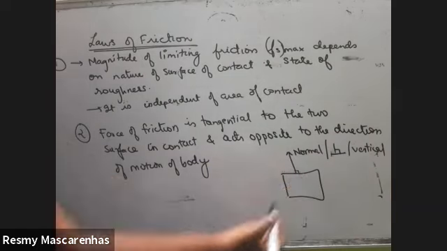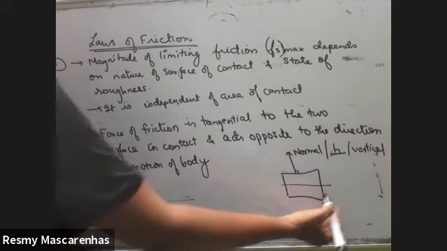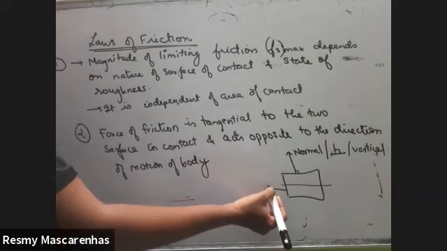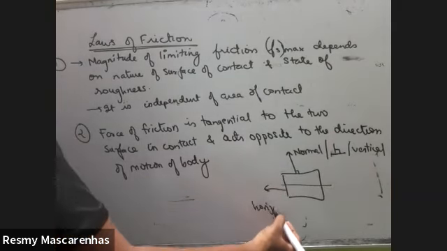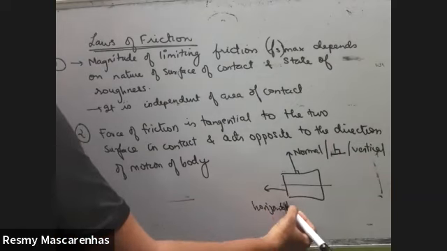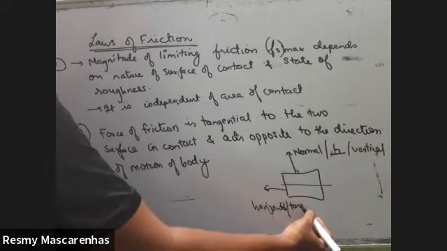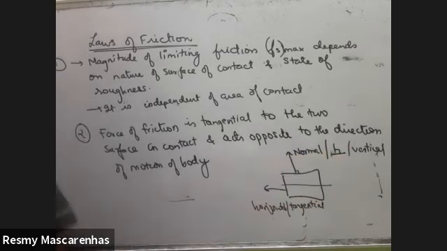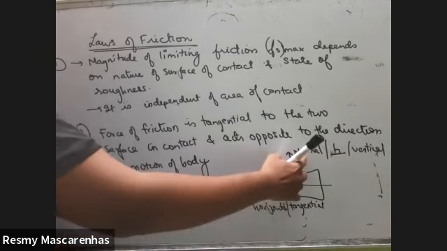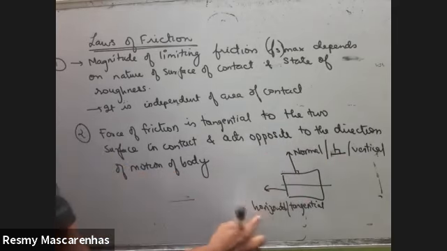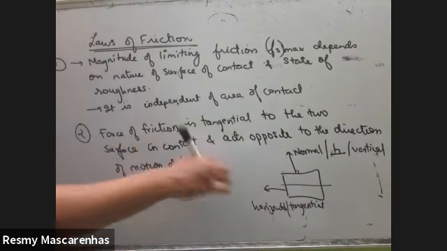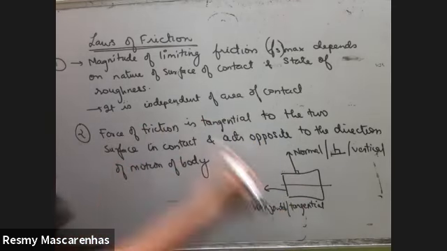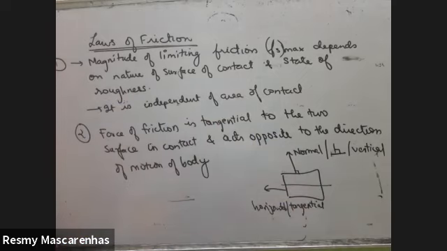With reference to this line, the horizontal direction is tangential. Vertical is called normal or perpendicular. Tangential means in the direction like this, the horizontal direction.